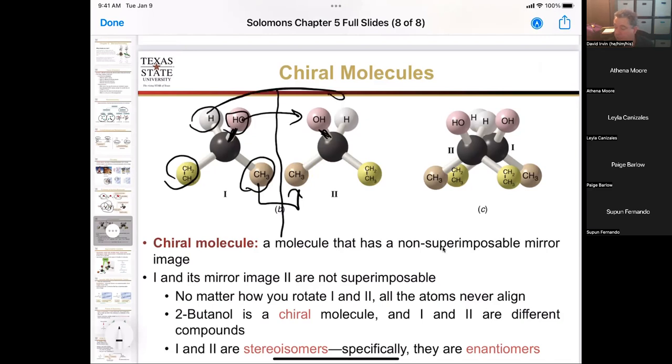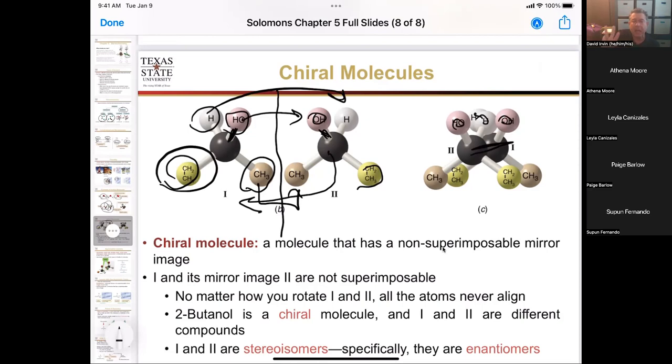The hydrogen's kind of pointing back, so we're going to keep that pointing back, and the CH2 is on this side here. So now we've made a mirror image. But if we were to take this one here and just try to move it in front of this one over here, our OHs are aligned, our H's are aligned, and our carbons are aligned.